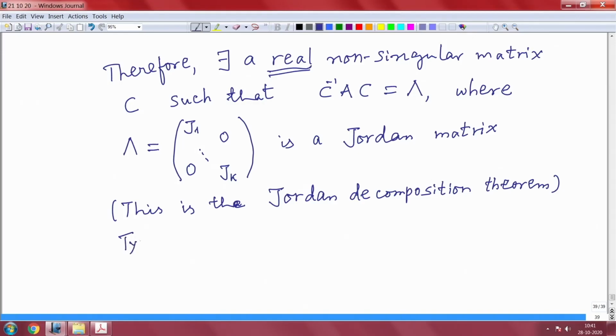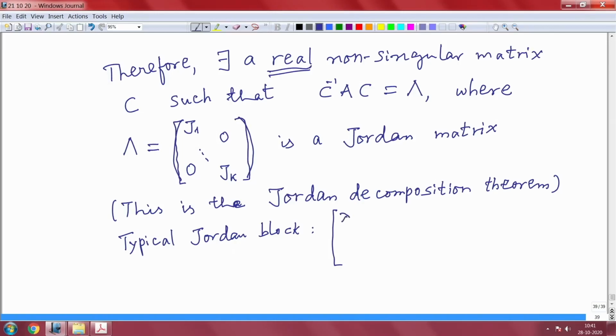A typical Jordan block is a square matrix. So, this is also a matrix notation, so let me just write square brackets.